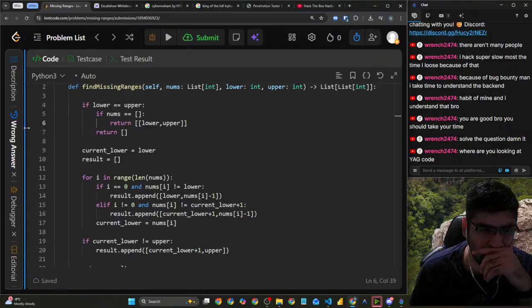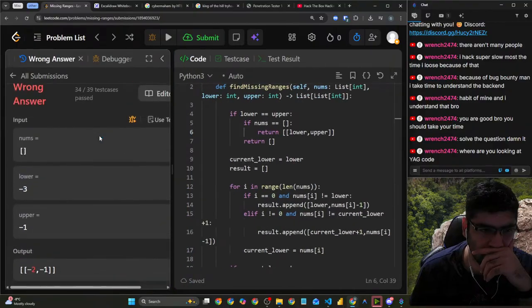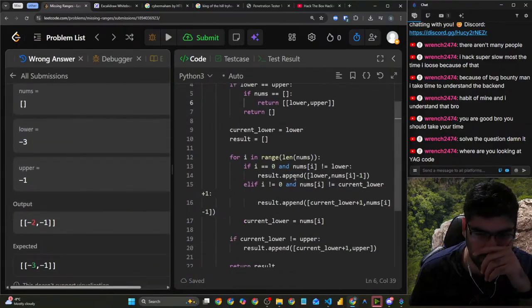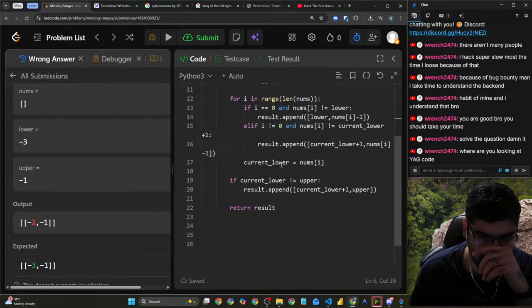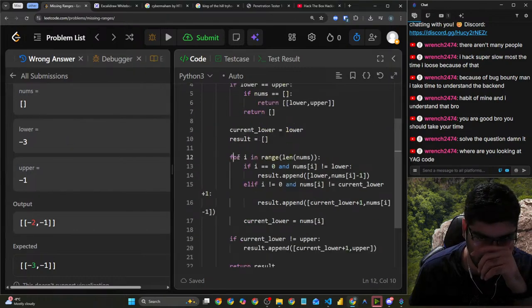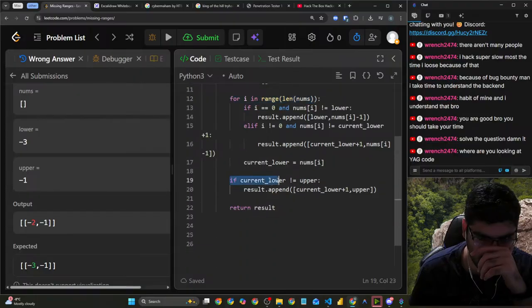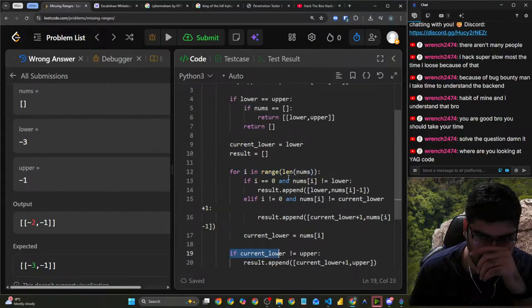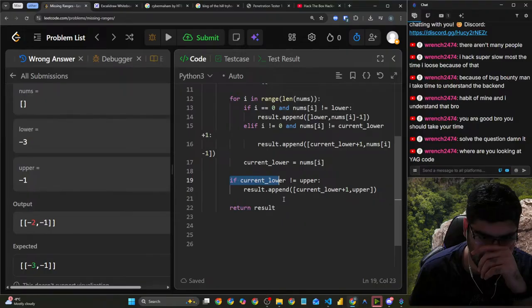But then lower is -3. This won't go here, right? Because it won't work. Current lower. What is current lower? Lower -3.